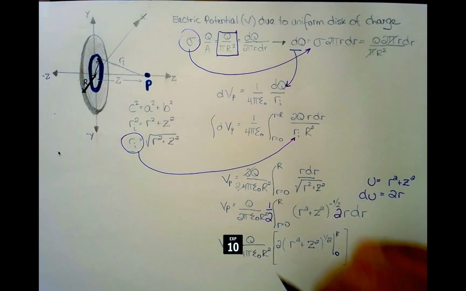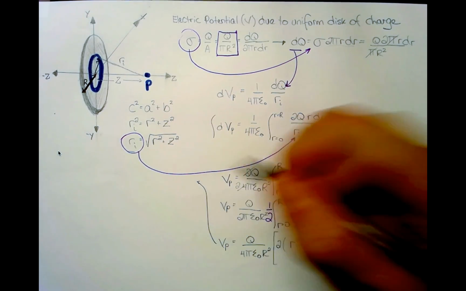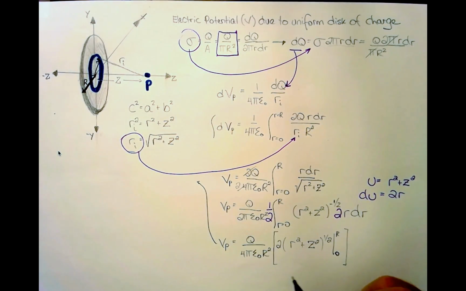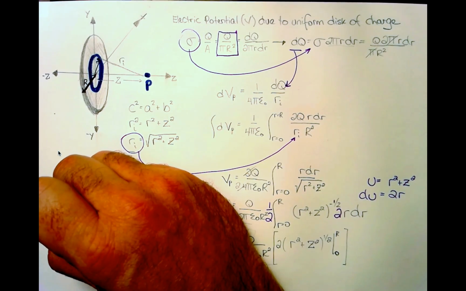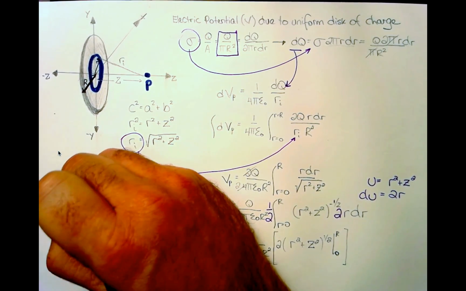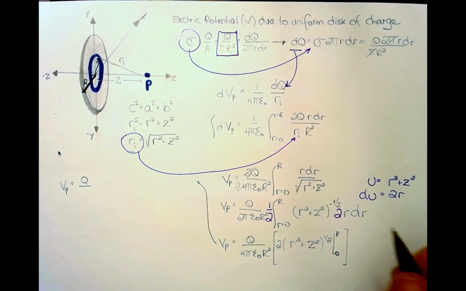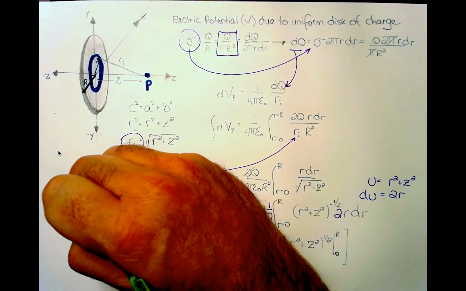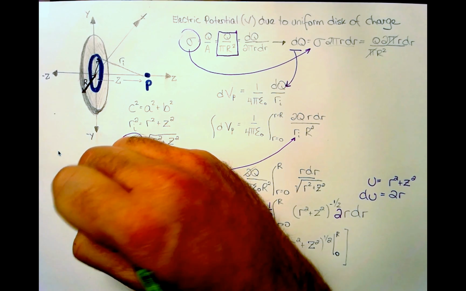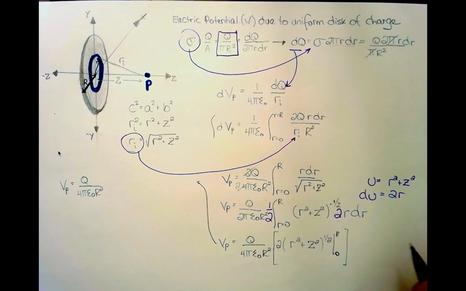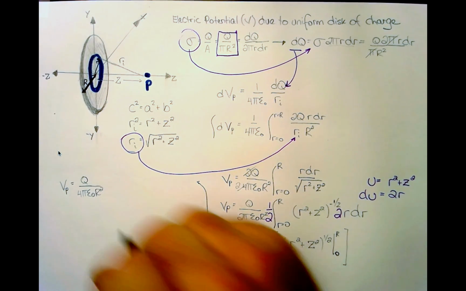So now I'm ready to proceed, and I'm going to finish my work over here. The next thing that I'm going to do is say that the potential at point P is equal to Q over 4 pi epsilon naught R squared times, now I'm going to factor out this 2.